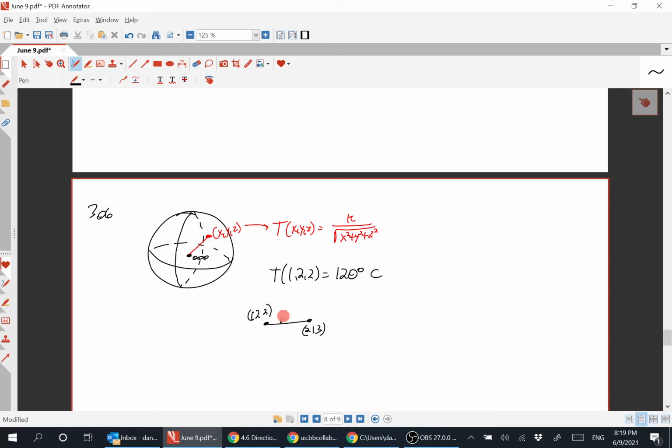So the vector in between these is (1, -1, 1), since 3 minus 2 is 1. So the unit vector for the direction is v over the length of v, which is square root 3. So that's (1/√3, -1/√3, 1/√3).